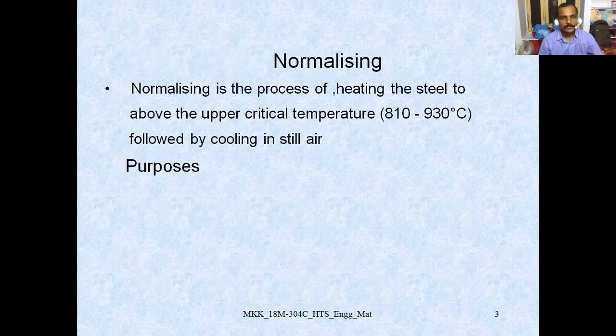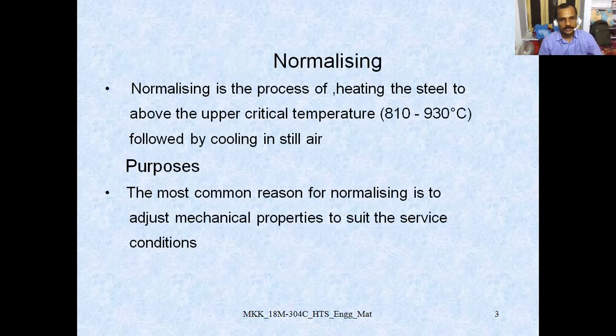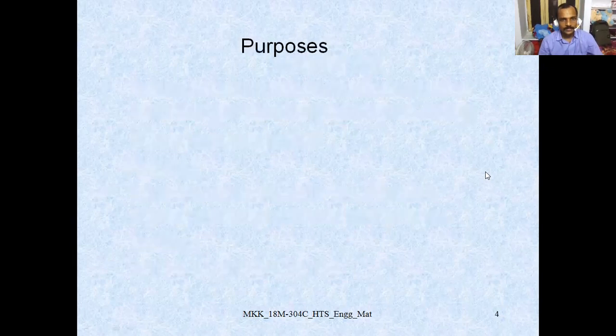So the purpose of normalizing, why to normalize a metal? The main reason for normalizing is to adjust the mechanical properties to make the metal suitable for the service conditions. Not only that, the other purpose is to relieve the internal stresses and to refine the grain structure.